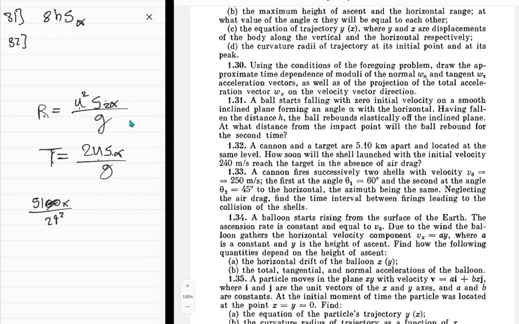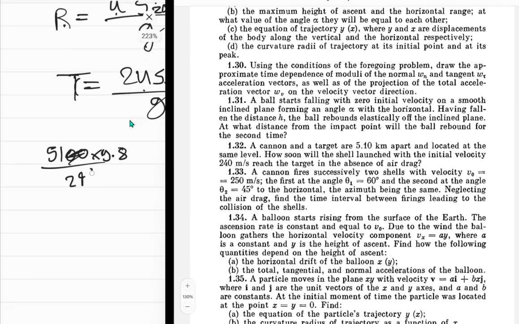It's just not good. Fine. 9.8. Let's just do it. So 24. This isn't giving us anything nice. Okay, this is going to be 17. This is going to be 8. Let's see.